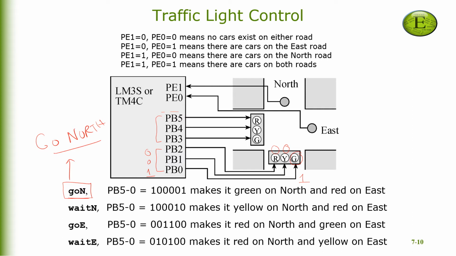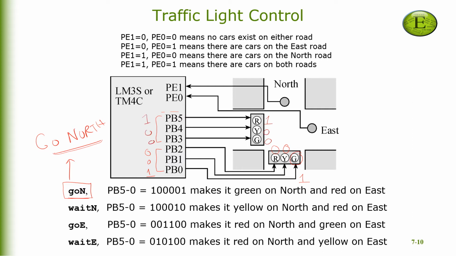And when we assert the go north signal, then we are really making sure that there's traffic in this direction. But we don't want any traffic in the east direction. That's not allowed. Therefore, we want to put the red signal on here, 1, 0, 0.